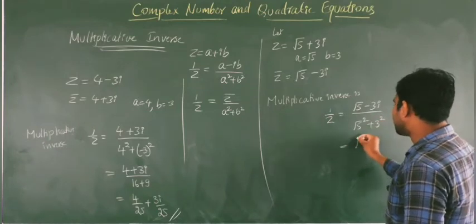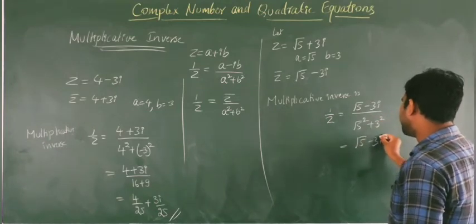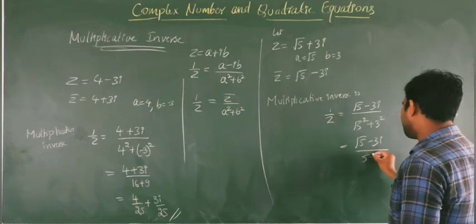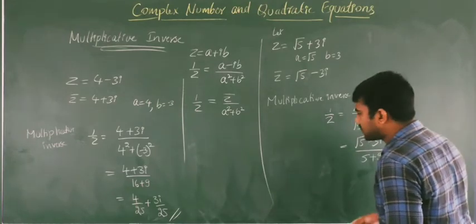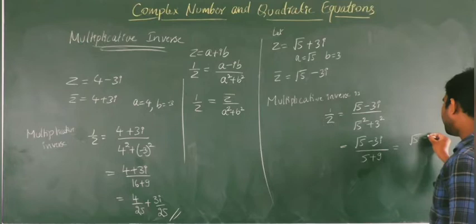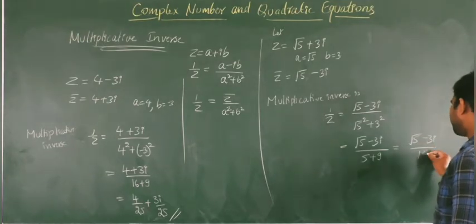And this can be written as root 5 minus 3i divided by 5 plus 9, or we can write root 5 minus 3i divided by 14.